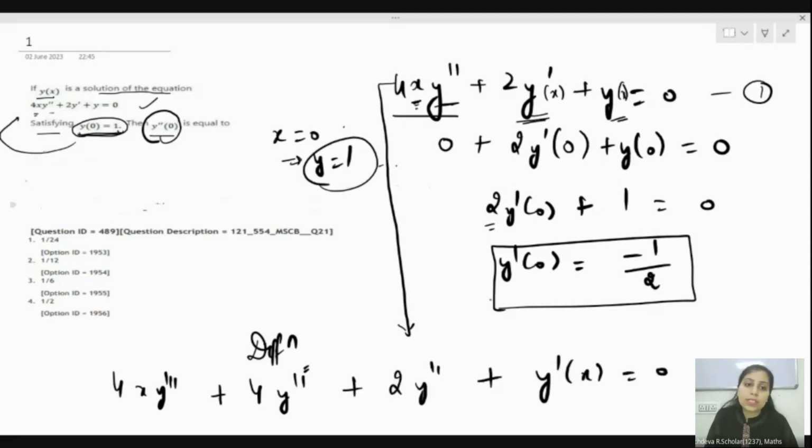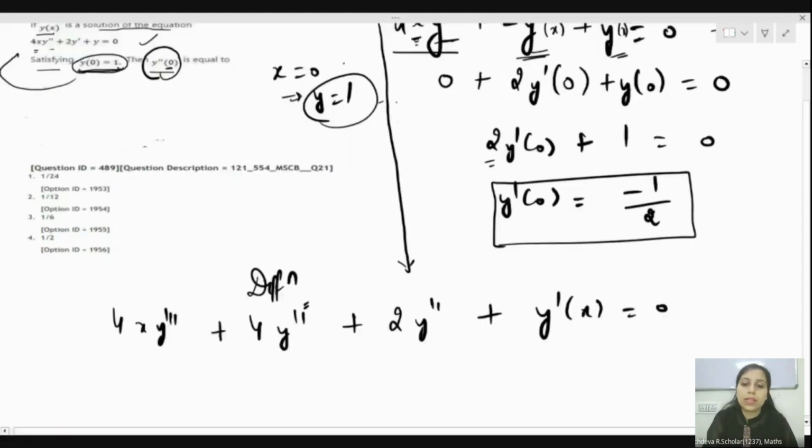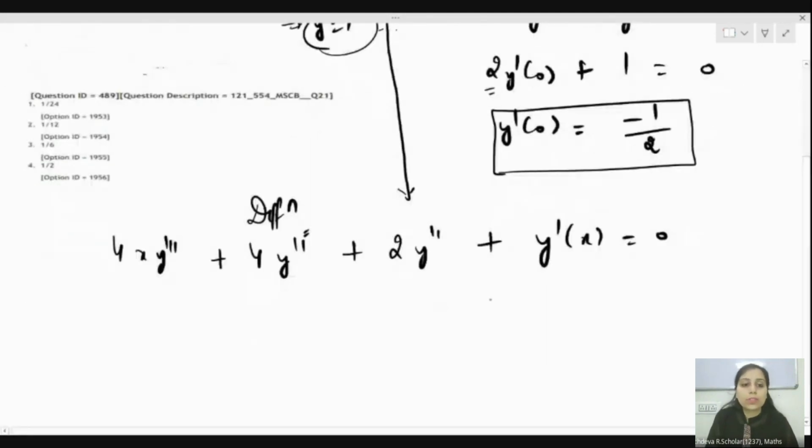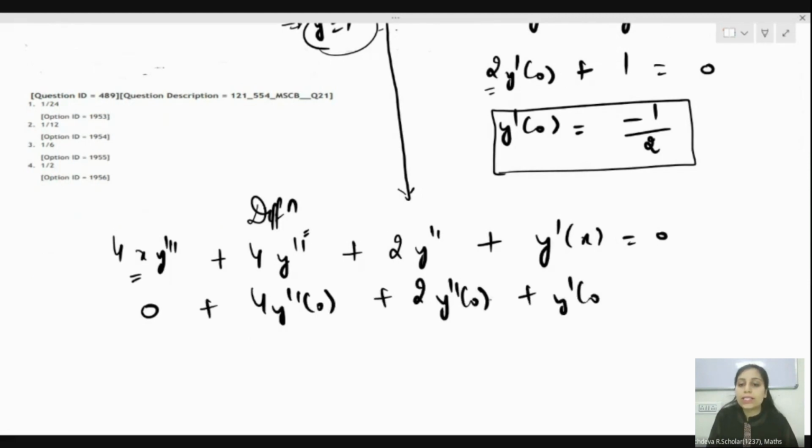Now substituting 0, as we want the value at 0. When we substitute x equal to 0, this becomes 0, this will become y''(0), and this will also be y''(0), plus y'(0) = 0.